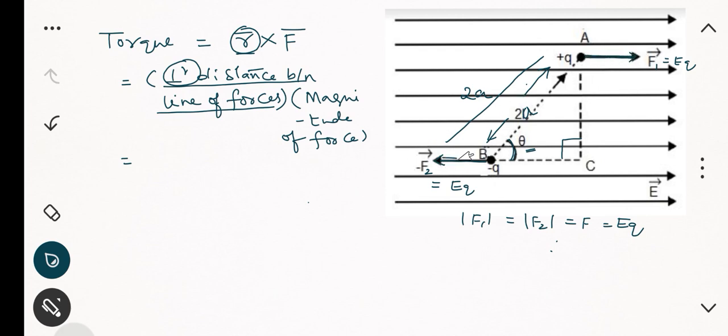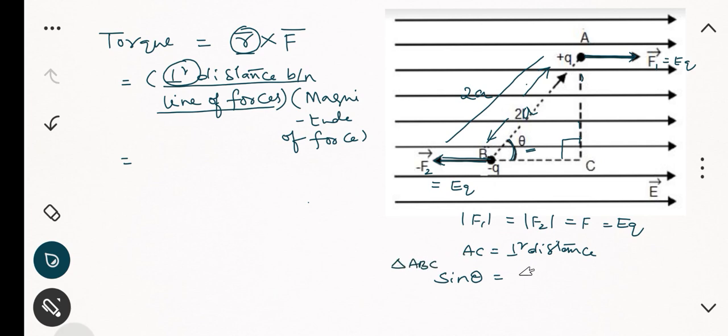These two are the lines of forces, and the line AC drawn here gives the perpendicular distance. Now AC can be calculated by using the sin theta formula in triangle ABC.